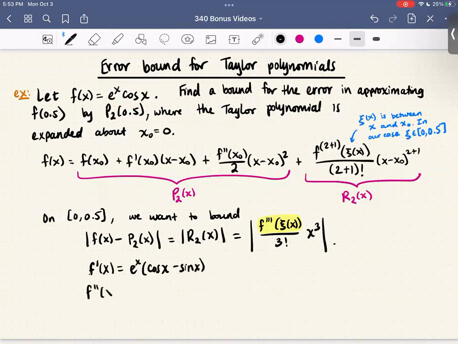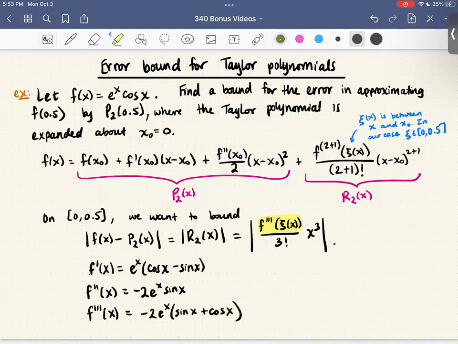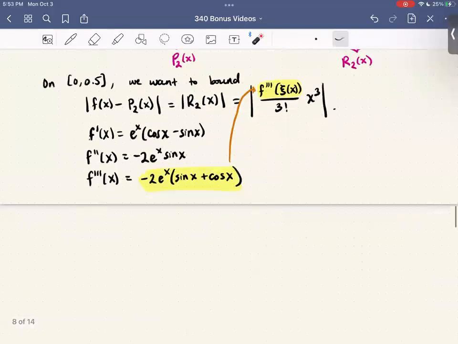F double prime of x is equal to negative 2 e to the x times sine x, and f triple prime of x is equal to negative 2 e to the x times sine x plus cosine x. This is the expression we are going to place in here. And we want to bound this entire term in absolute value over the interval 0 to 0.5. Okay, so let's do that.